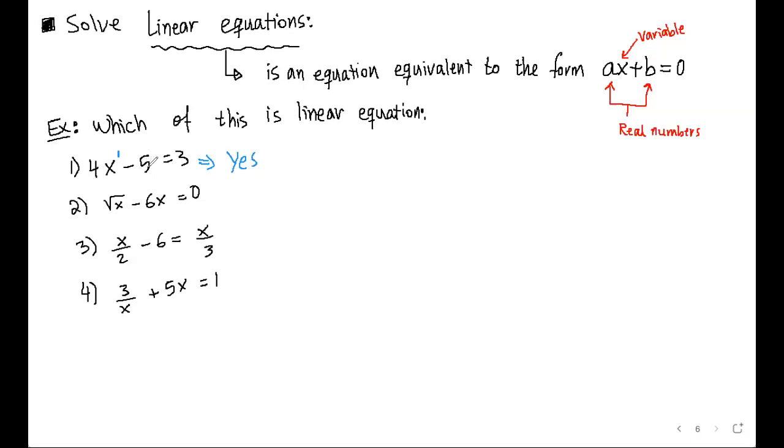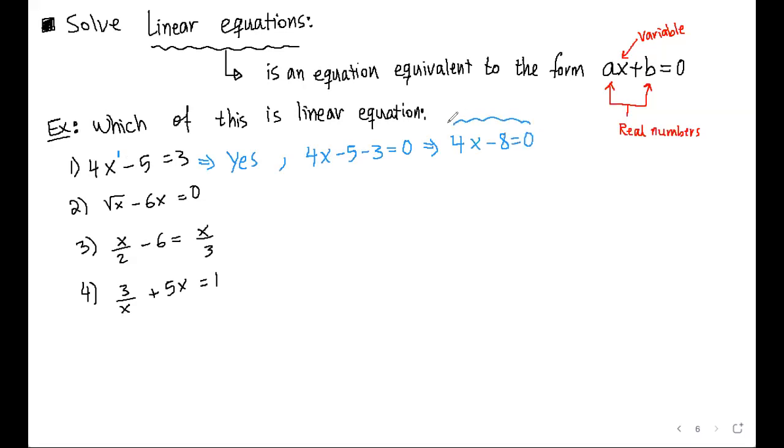Or, this equation can also be written in an equivalent form. How? If I subtract 3 from both sides, I get 4x minus 5 minus 3 equals 0, and this is 4x minus 8 equals 0.